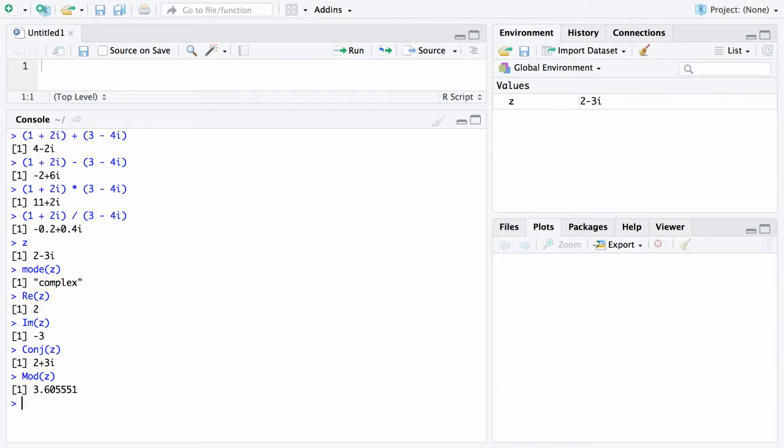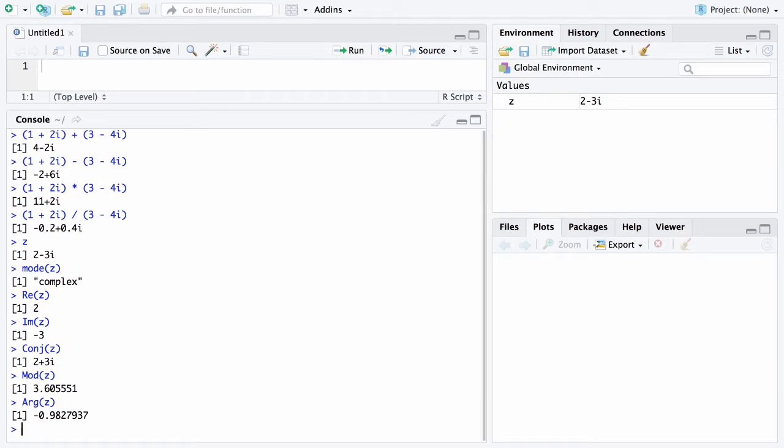You can also ask for Arg of z, and this will give you the angle that that complex number makes with the positive real axis.